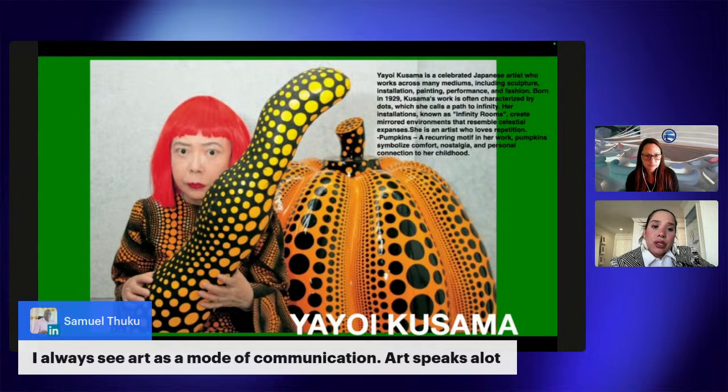She loves repetition, and pumpkins are a recurring motif in her work. Pumpkins for her symbolize comfort, nostalgia, and personal connection to her childhood. She also battled a lot of mental health issues through art, which I think is beautiful.